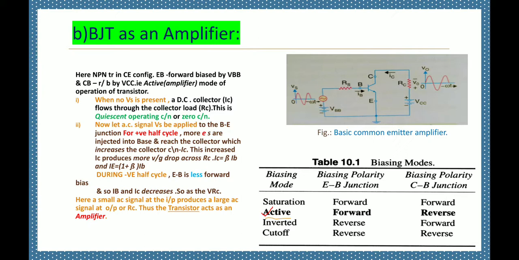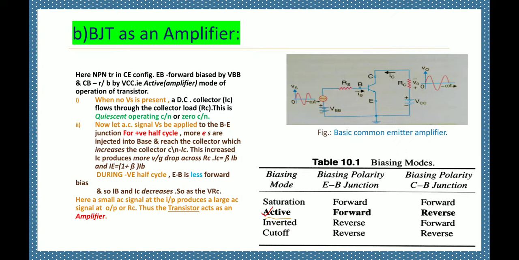Here we see a common emitter amplifier circuit. The transistor used is an NPN transistor in the CE configuration, with the emitter base junction forward biased and the collector base junction reverse biased. This is the active mode of operation of the transistor.